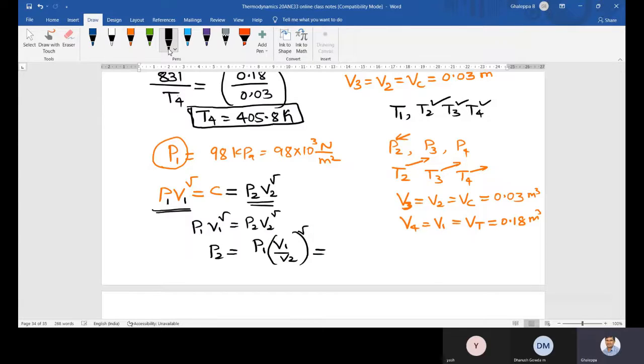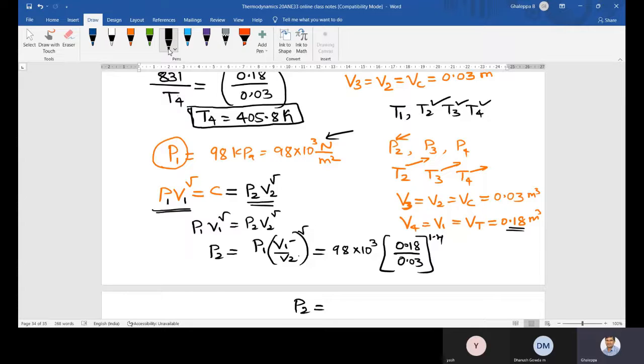How much is P1? 98. Write down the values: 98 into 10 to the power of 3. How much is V1? V1 is 0.18. How much is V2? 0.03. Gamma value is 1.4. So calculate P2: 0.18 by 0.03 to the power of 1.4 into 98,000.